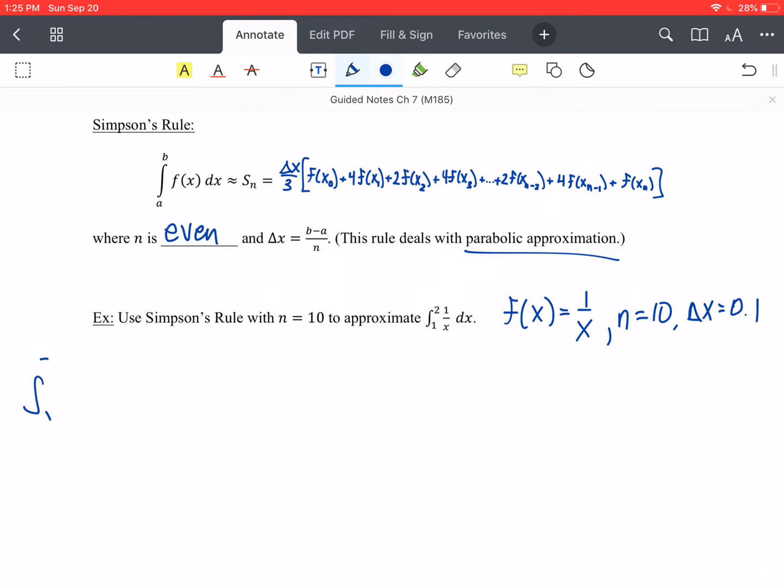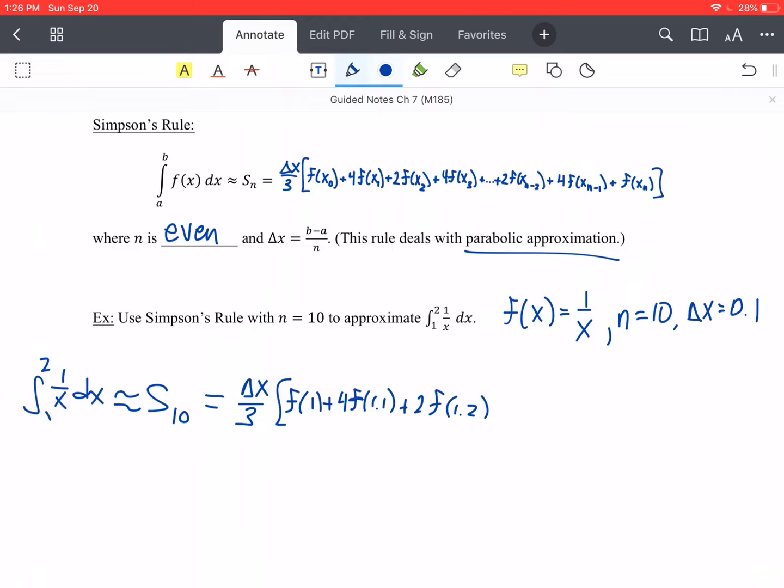So we get the integral from 1 to 2 of 1 over x dx is approximately equal to S sub 10, which is delta x over 3 times f of 1 plus 4f of 1.1 plus 2f of 1.2, etc. So I'm just going to put a little dot dot dot in there.